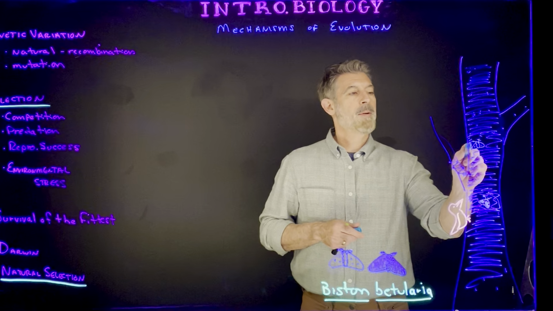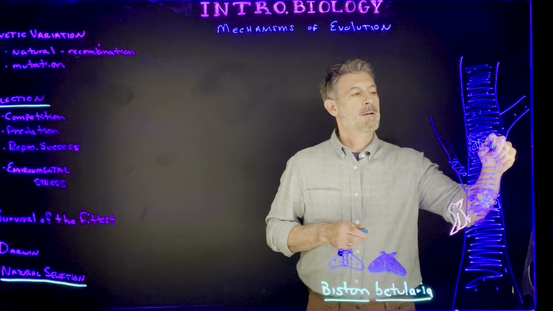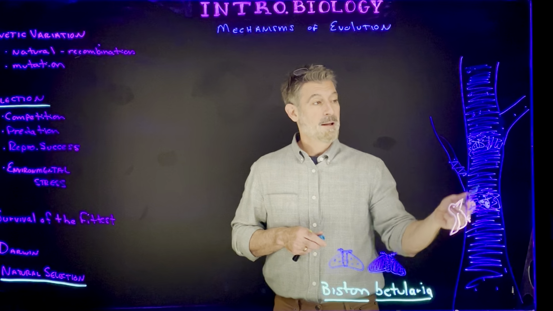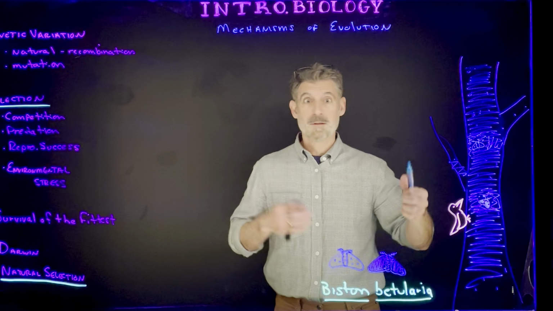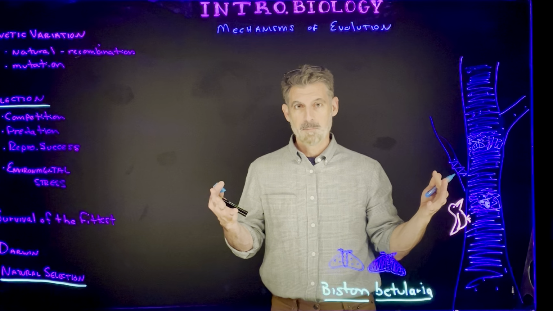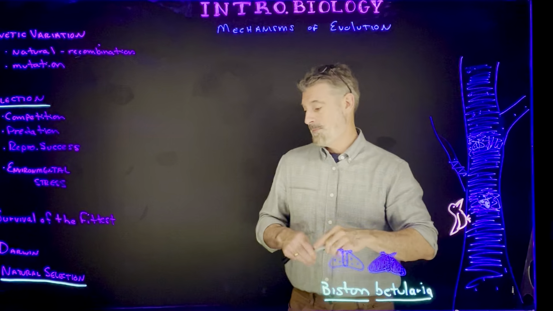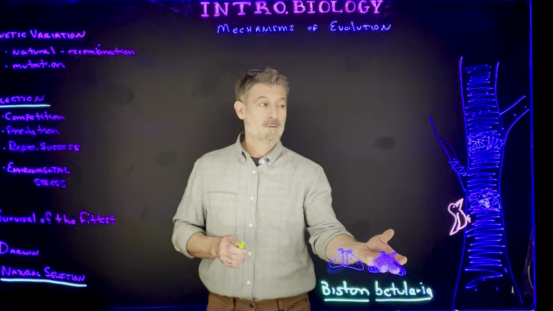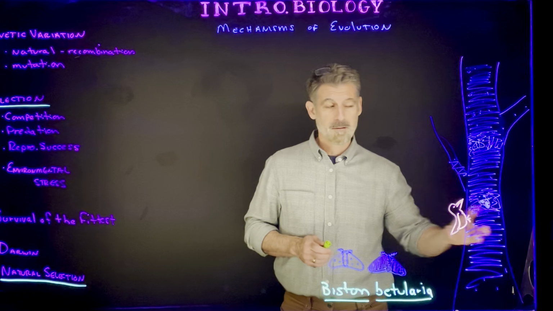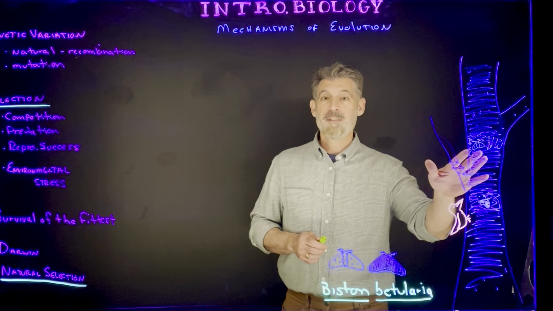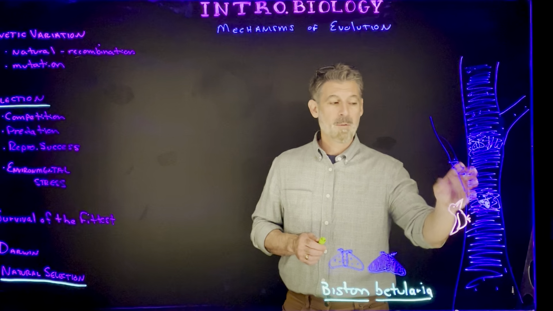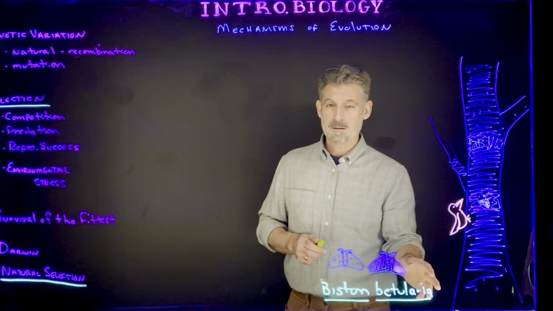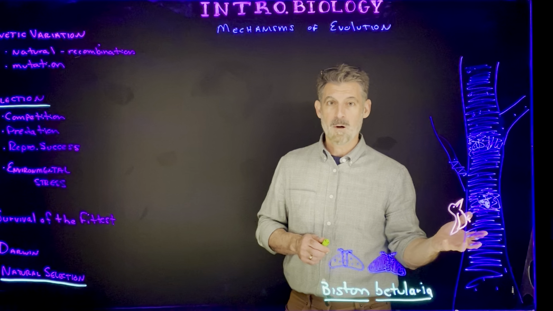And what happens is, as the bark is very dark, now the dark colored moths are more camouflaged, and the light colored moths stand out against the dark bark. So what happened is, beginning of the 1800s, lots of light colored moths, very few dark ones. End of the 1800s, beginning of the 1900s, very rare to find any light colored moths. Almost all dark colored moths of this particular species were found in the wild.